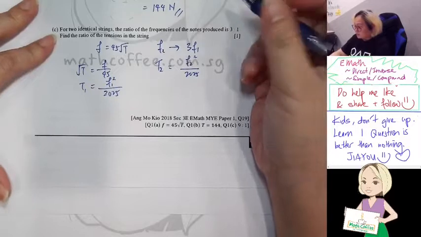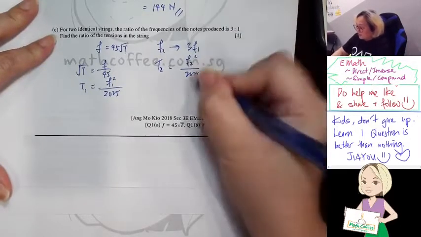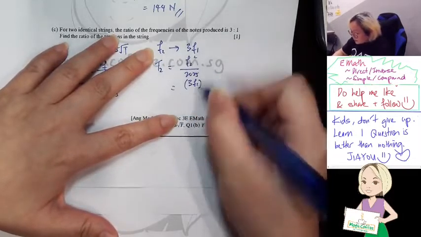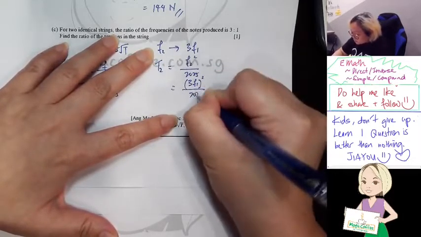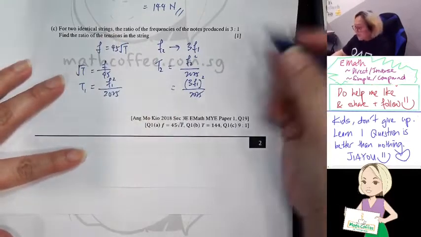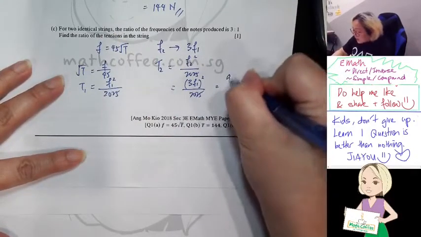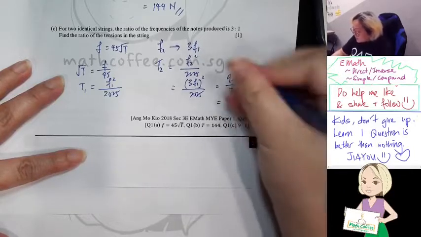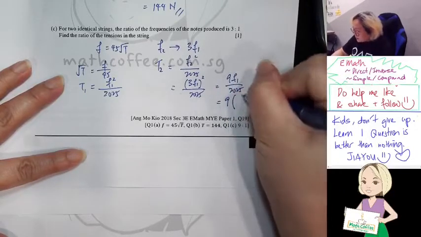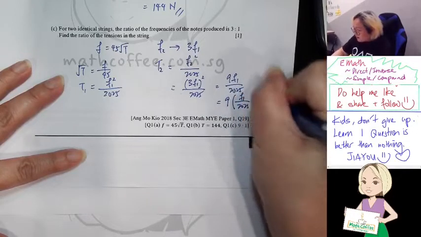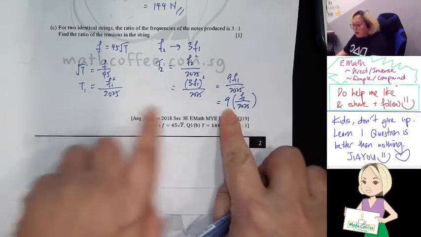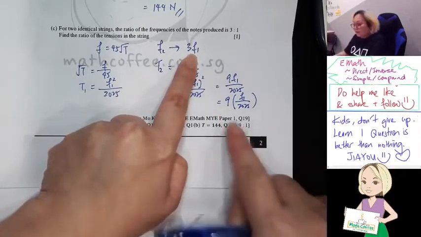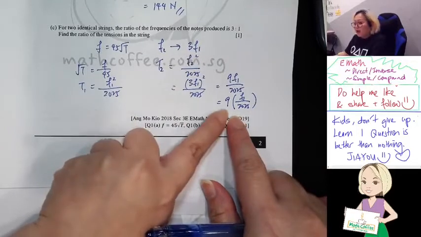Okay, so over here my F2 is 3F1. So you just put it as 3F1, within the bracket, squared, over 2025. And you will get 9F1 squared over 2025. And you will see that if I take out a 9 and put a bracket here, F1 squared over 2025, you can see that when my F becomes 3 times, my T, which is the tension, becomes 9 times.